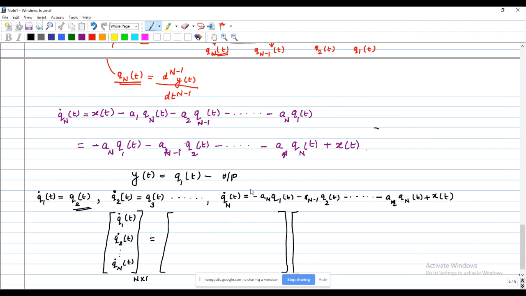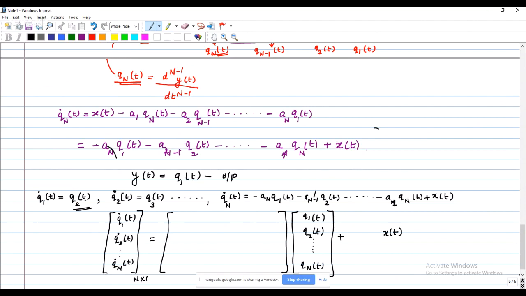We can see over here that each of the derivatives depends on q1, q2, q3. So I'll write here q1 of t, q2 of t, and so on and so forth, qn of t. Okay, plus we have here plus x of t, right? Which is not depending on any q1, q2, q3.